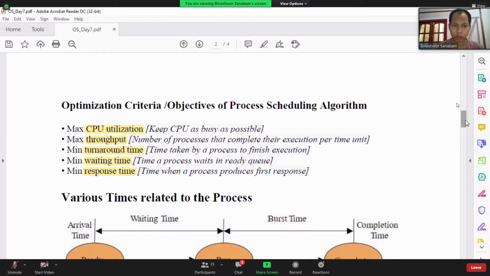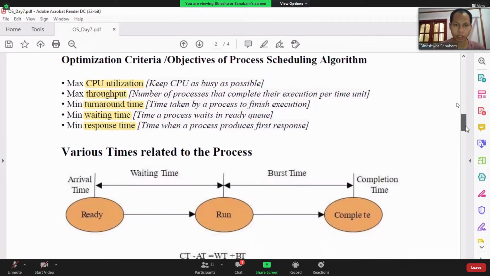Turnaround time is the time taken by a process to complete execution, and waiting time is the time taken by a process in the waiting state. And response time is the time taken by a process to give a first response from the initial ready time or arrival time.